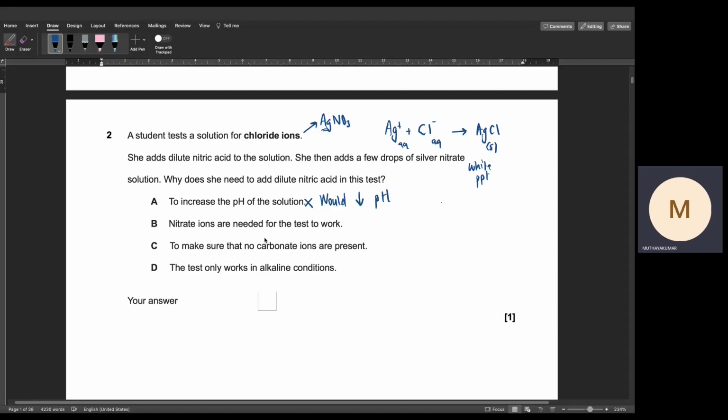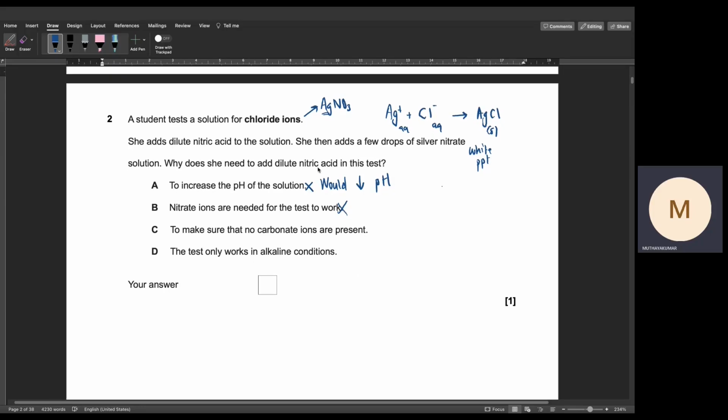So nitrate ions are not needed for the test to work. If we jump to D, this test only works in alkaline conditions. If that was true, adding nitric acid is not going to help this. So nitric acid will make the conditions more acidic. So this is not true because an acid was added.